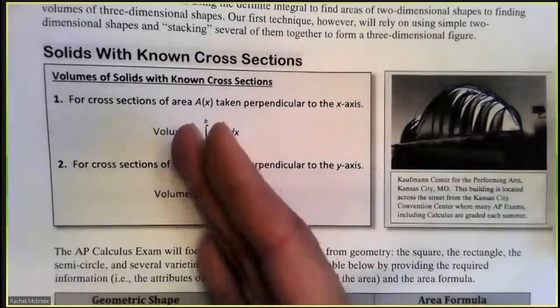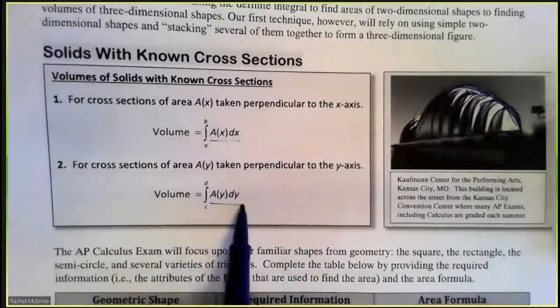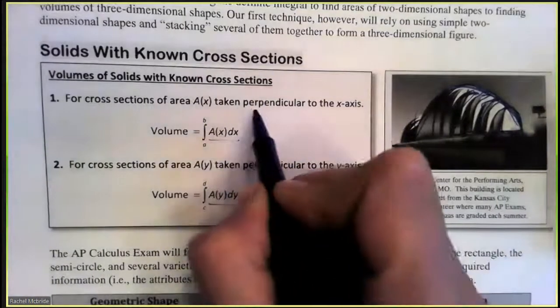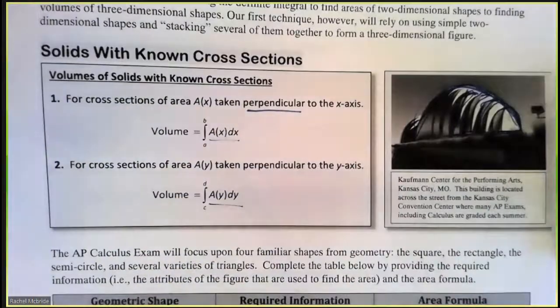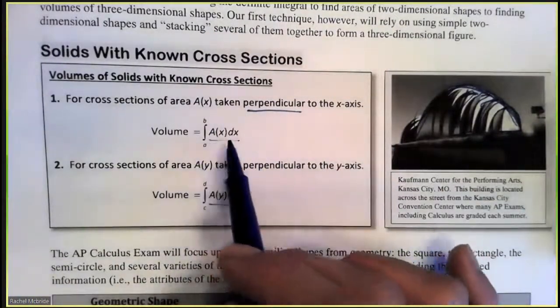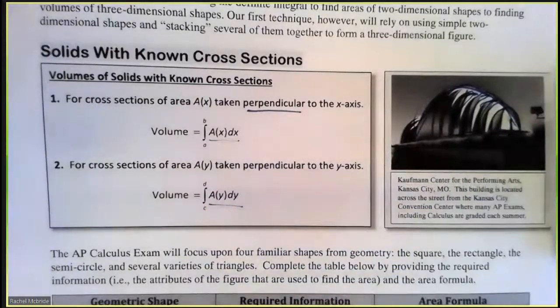In terms of volumes, sometimes we're going to look at it with respect to x, and sometimes with respect to y. And anytime we change direction, it's important to know that this is taken with a perpendicular piece to the axis. So what that means is that if you are looking at the volume with respect to x, then it's going to be perpendicular to the x-axis.